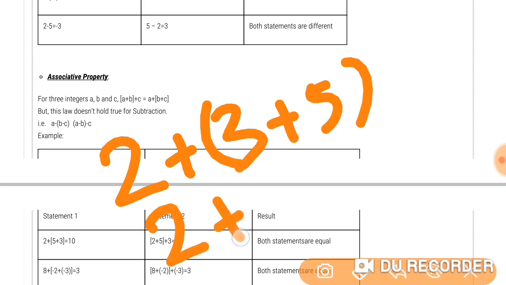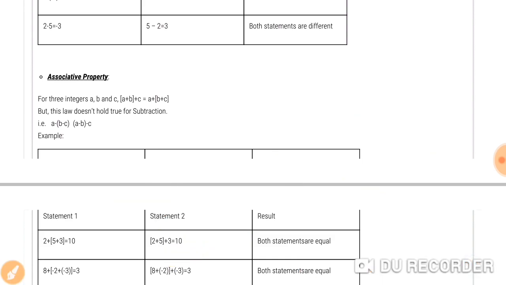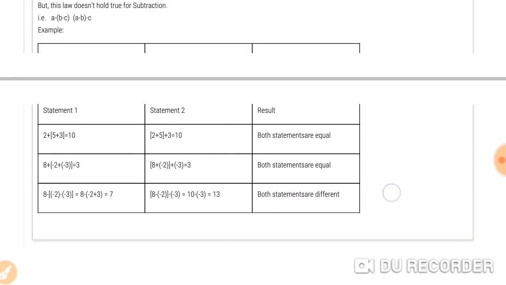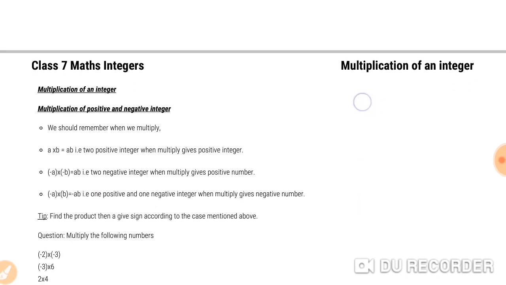So 2 as it is, 3 plus 5 you should add, because we have grouped, which means we have to solve the group first. It is BODMAS, 8. So the answer comes the same. See, this is called the associative property. So integers are associatively true on addition, but not true on subtraction. You can go through the result of examples here. Now multiplication on integers.